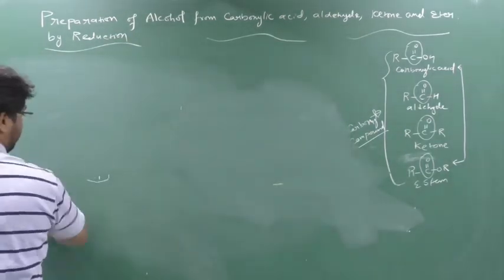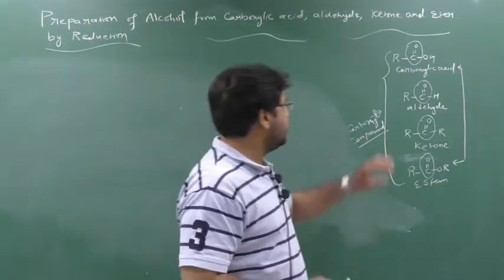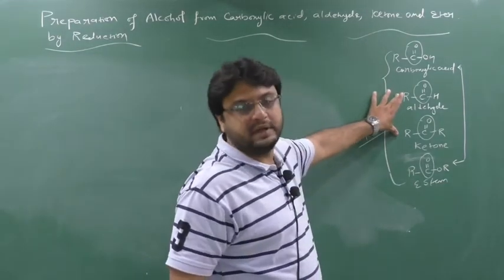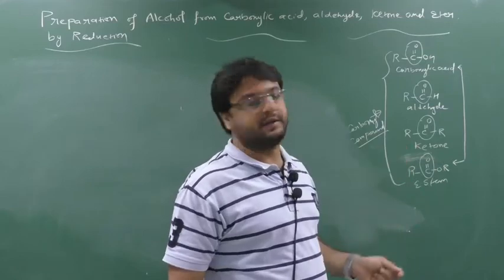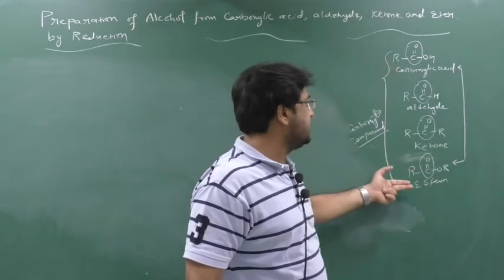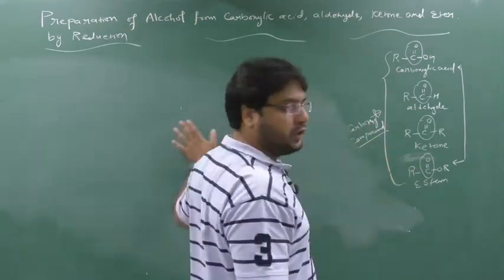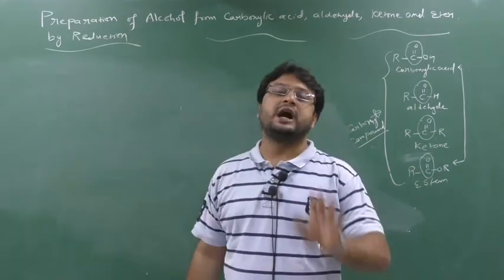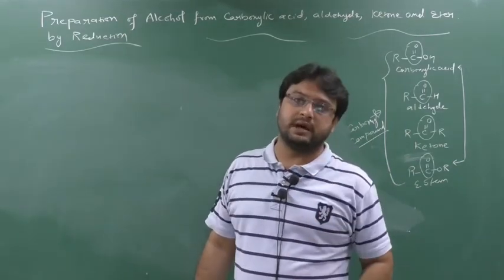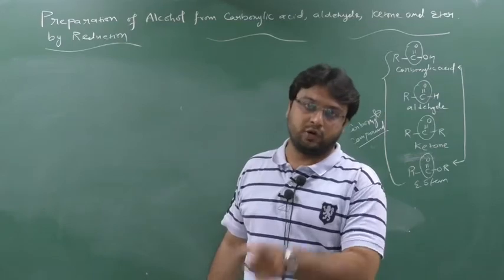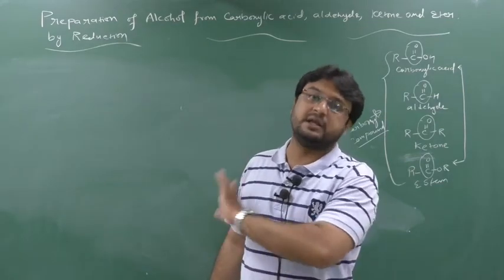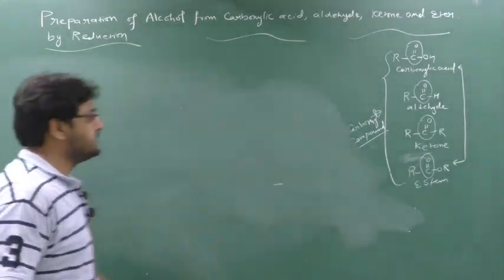See, once more I will repeat. In aldehyde and ketone only a single attack will be there, meaning H minus will attack only one time, but in carboxylic acid and ester they will attack two times. Whatever I am doing on the board at present is only to get the answer in the exam. The mechanism is something different. I am not doing the mechanism, I am doing the reaction to get the answers. Clear? Next we will see ketone.